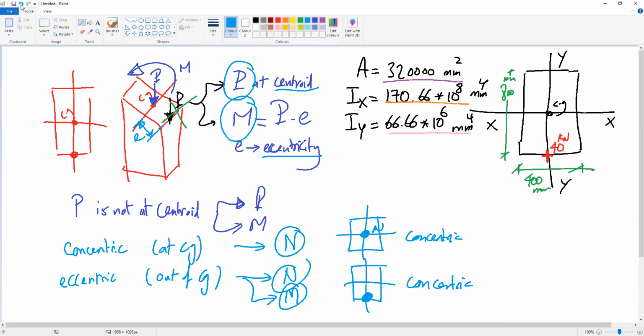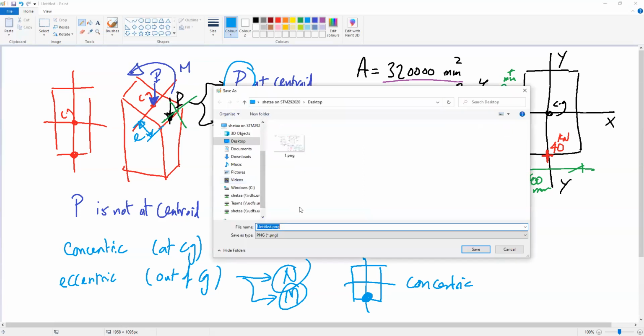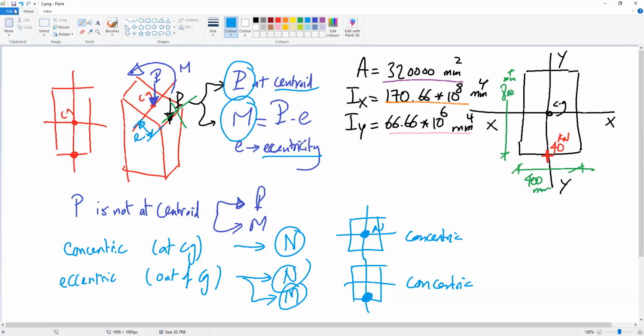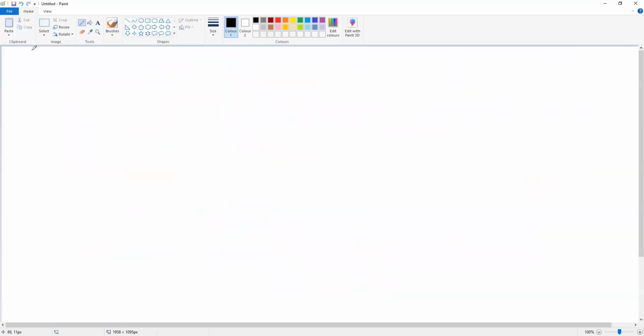Okay, so now this is our cross section, what is given to us. X-axis, Y-axis. This is the load given to us here, N equal to 40 kilonewton.